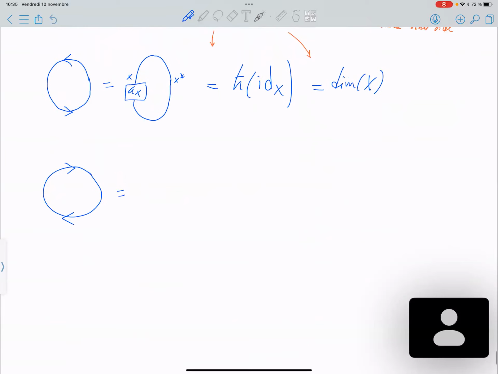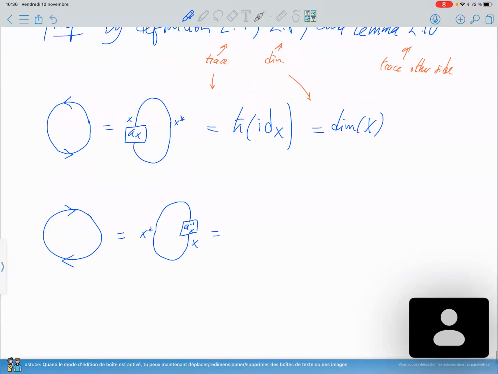So now you have that, and here x minus 1, like that, x star x, which is the trace of identity of x star.